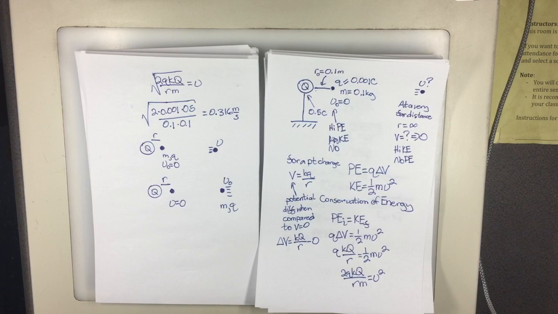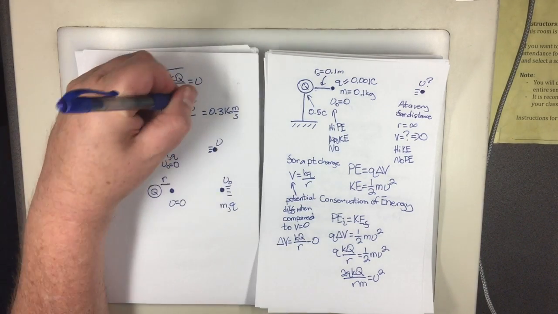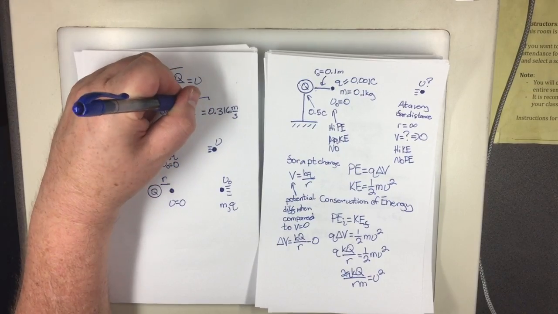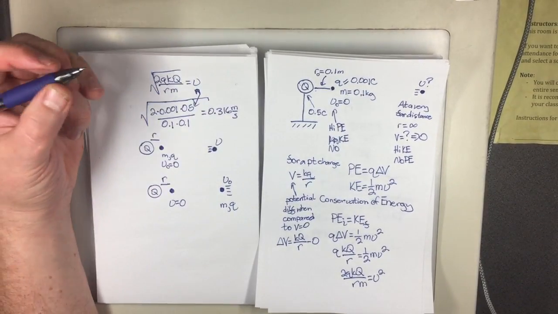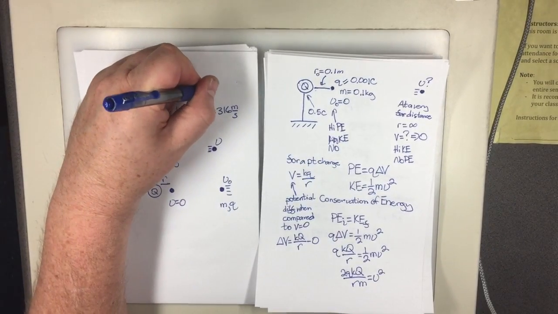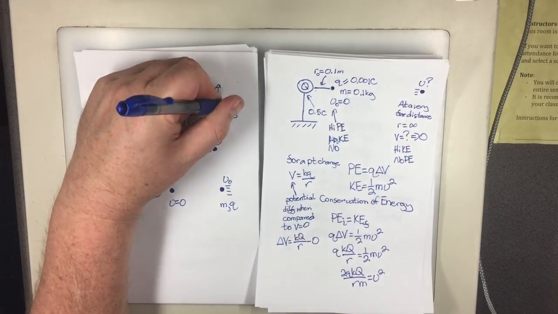Did you put K in? No, I didn't, thank you. Did you recalculate for me? No, I didn't. I don't have a calculator. Oh, you didn't bring a calculator to physics class. Okay. So what's K? 9 times 10 to the 9th. All right. So it's going to be a little bit faster than that.